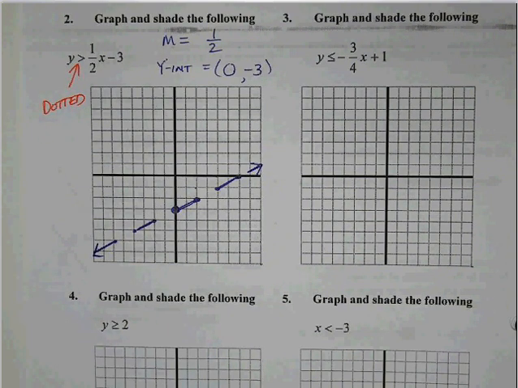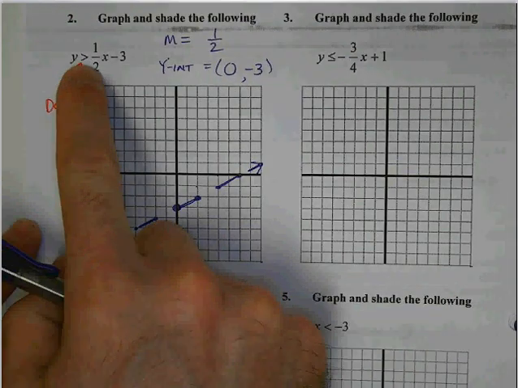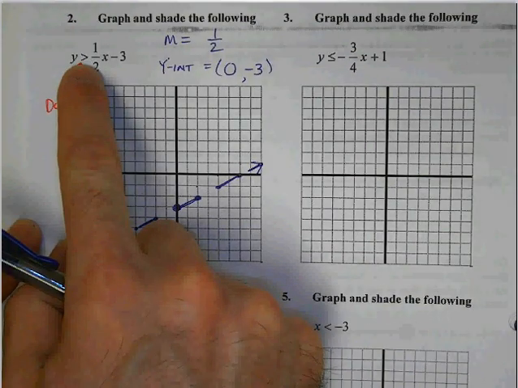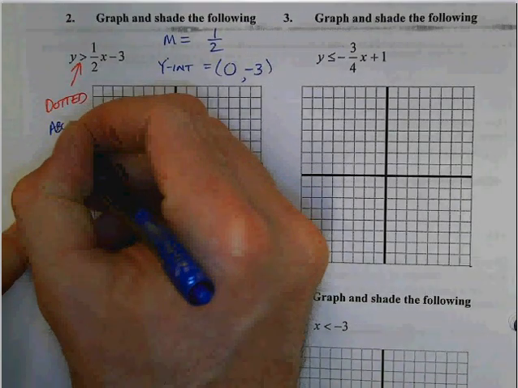Or is it just a boundary? It's dotted, so we go up to it, but we don't include it. Now the question is, where do I shade? To figure out that key idea, I look at the sign. It's greater than. Greater than means we shade above. So, shade above.